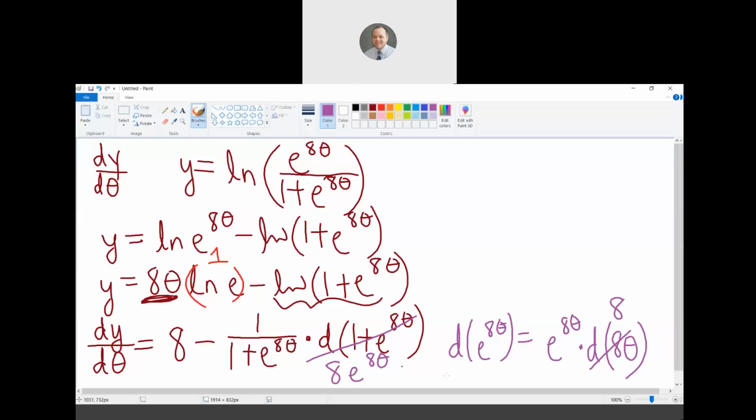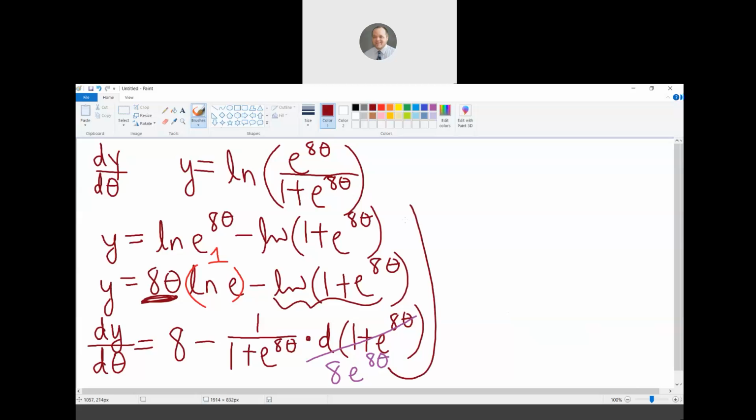Now let's bring up everything. And I'm going to erase this part since we're done with it now. Our dy d theta, we have 8 minus 8e to the 8 theta all over 1 plus e to the 8 theta power.